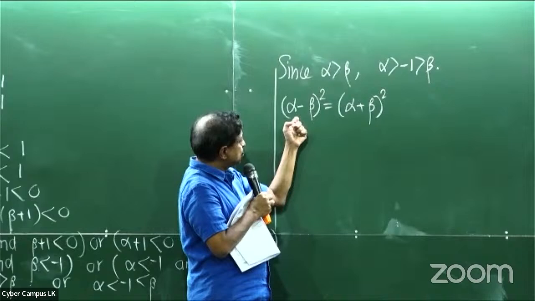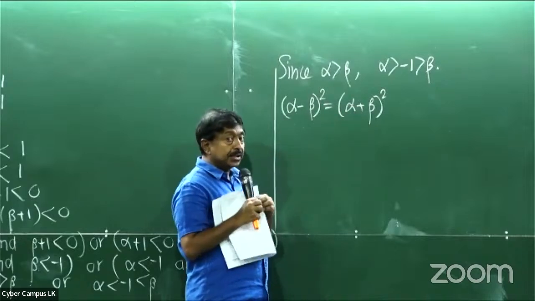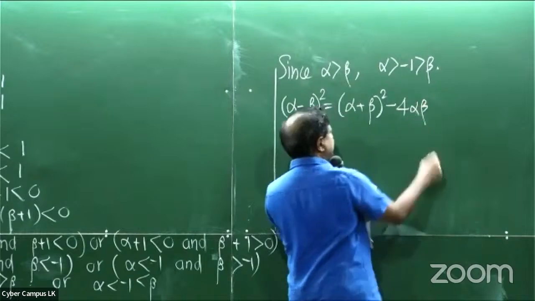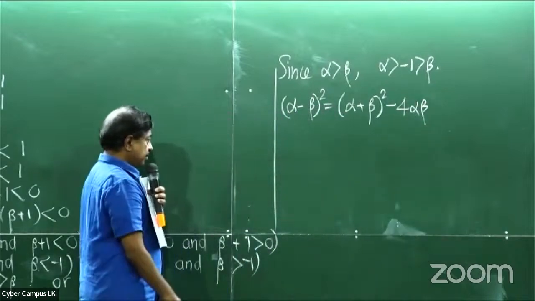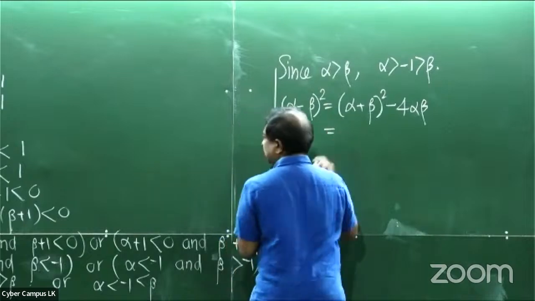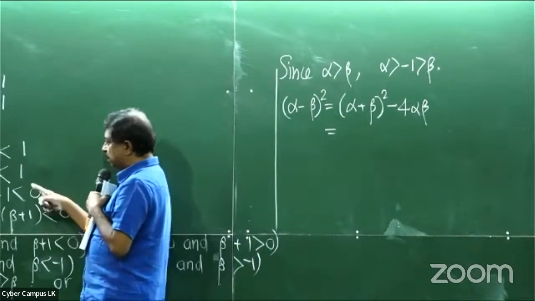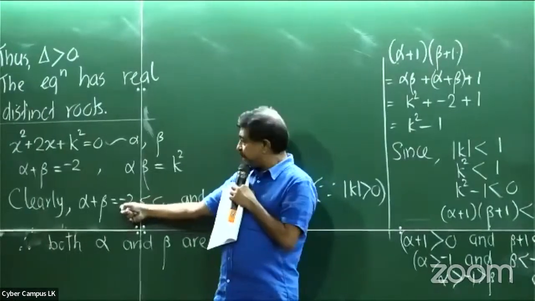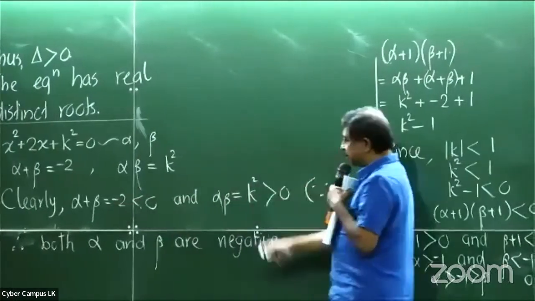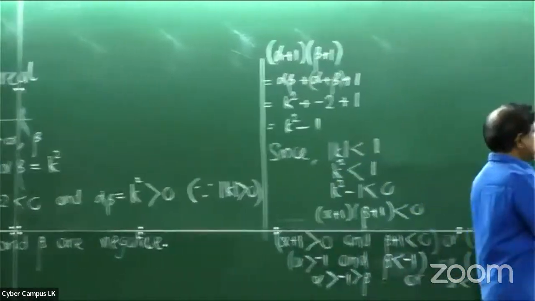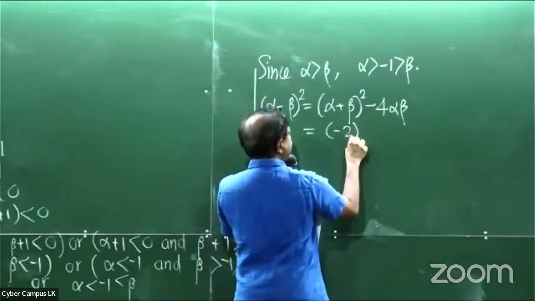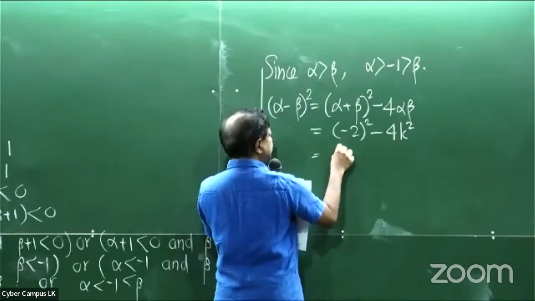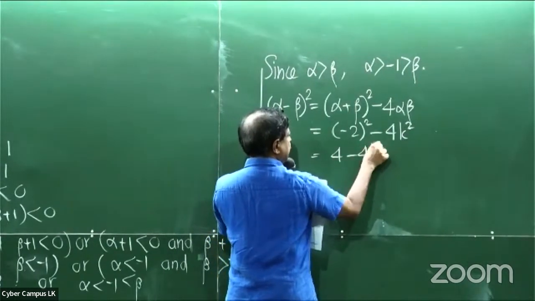Here you have minus 2 alpha beta. In the right hand side, you have plus 2 alpha beta. So if you subtract 4 alpha beta, these two are equal. So alpha plus beta, we have found it here, minus 2. Alpha beta is k squared. So this is 4 minus 4k squared.